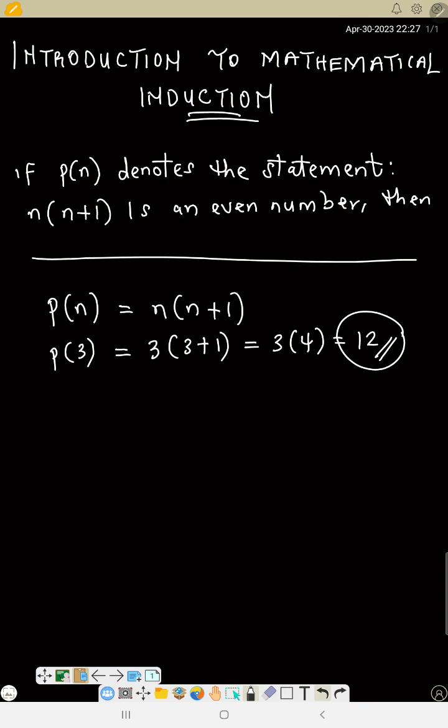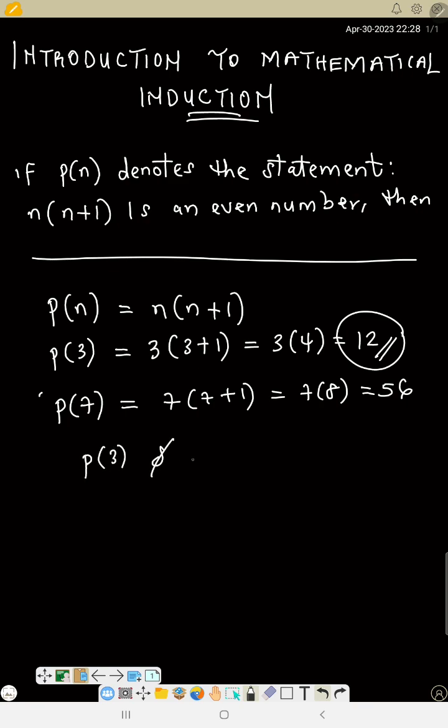And P(7). So we are just testing all the natural numbers. P(7) will be 7 times (7 plus 1), so 7 times 8, that is 56, is an even number. Hence P(3) and P(7) are both true.